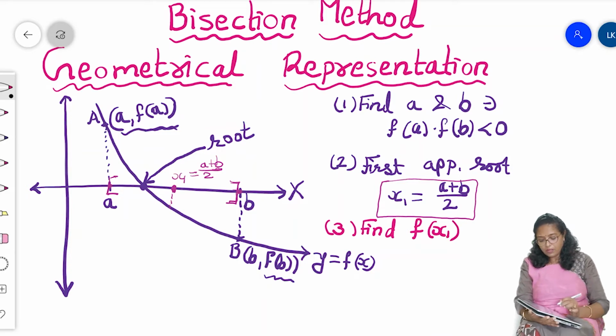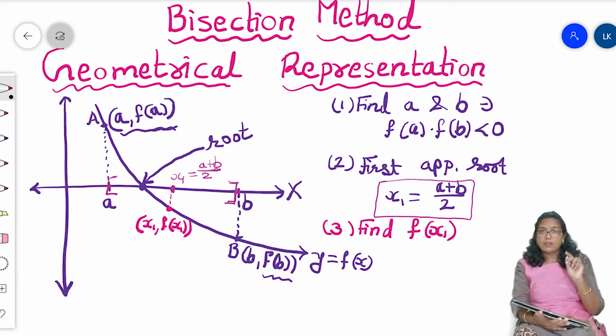Now, in the figure, f(x1) is negative because it lies below the x-axis. The corresponding point is (x1, f(x1)).